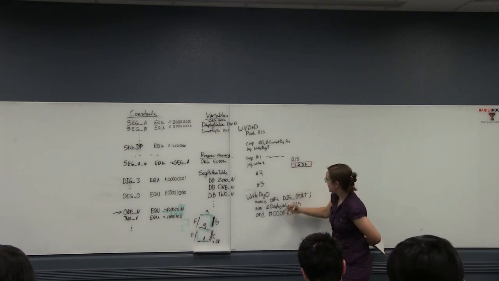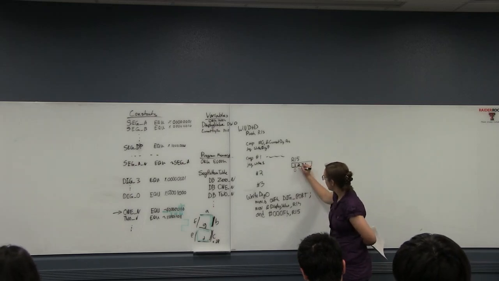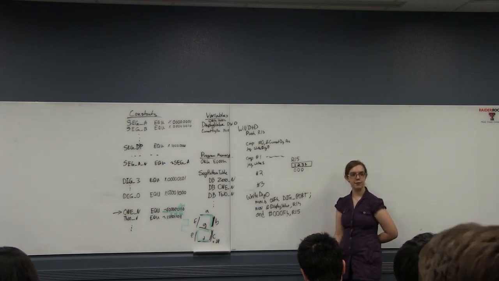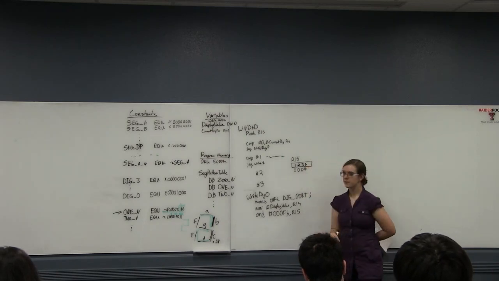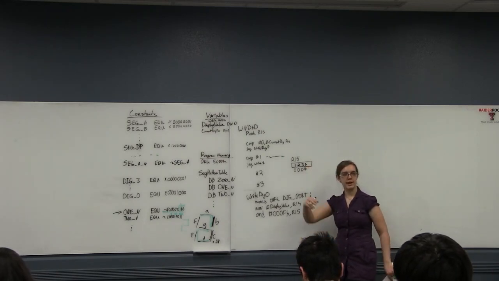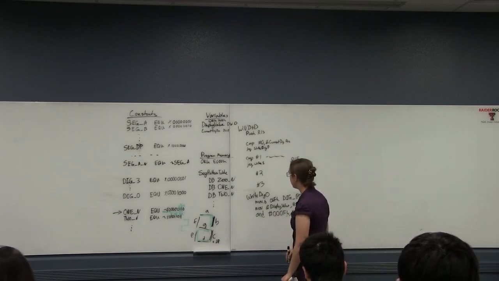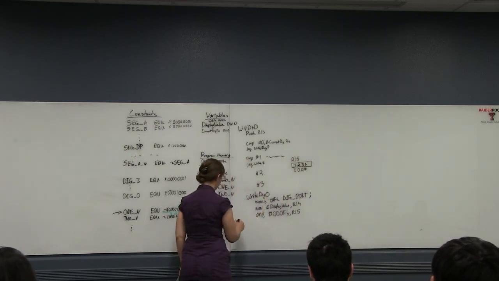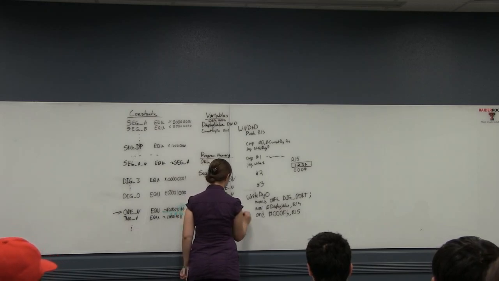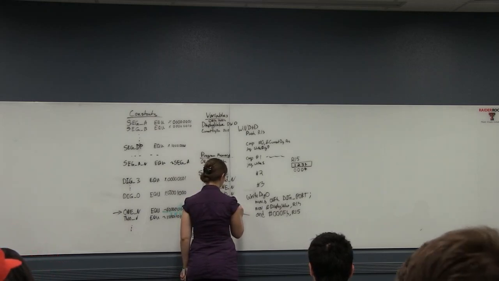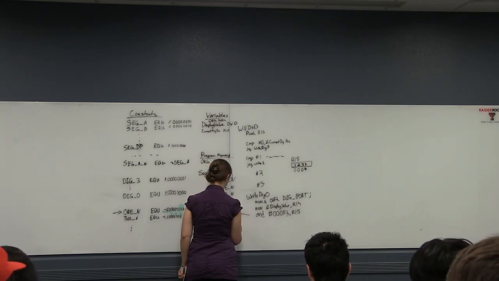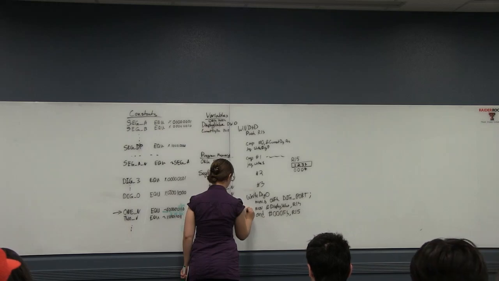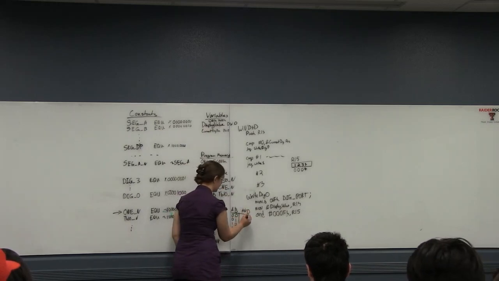So 1 ANDed with 0 is 0. 2 ANDed with 0 is 0. 3 ANDed with 0 is 0. What's 4 ANDed with F? 4. I'm skipping a step and writing them all in binary. But if you remember, in binary, you have your truth table. So A, B, and, 0, 0, and 0.